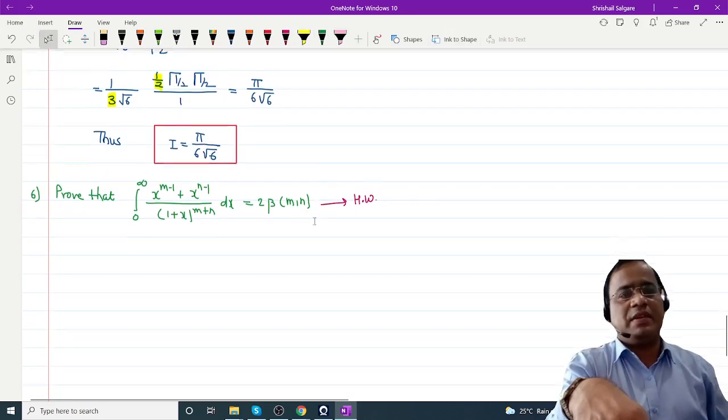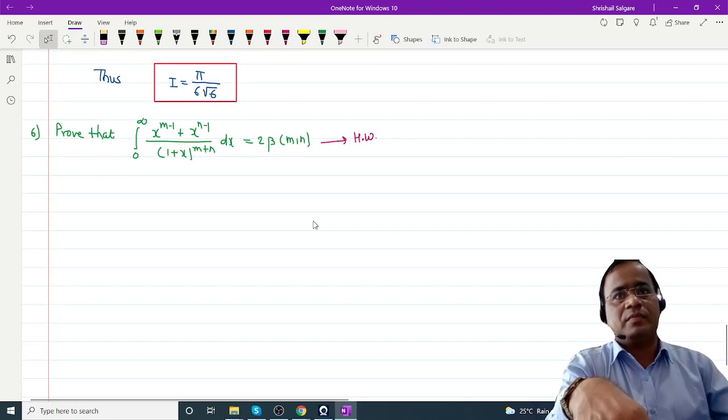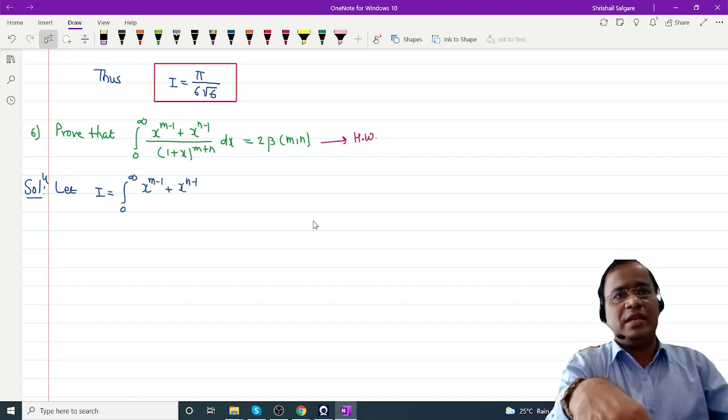Suppose first I call this integral I. So let I be equal to integral from 0 to infinity of x raised to m minus 1 plus x raised to n minus 1, divided by 1 plus x raised to m plus n, dx.